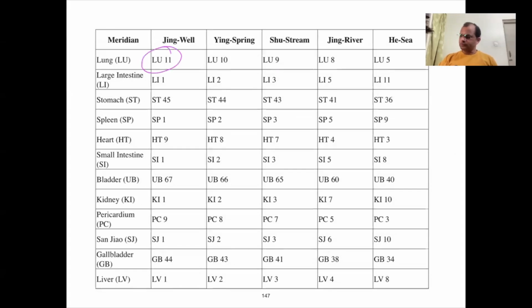so this is the first number point, bale point. The second number point is spring point. The third number point is stream point. The fourth number point, river point, and the fifth number point is sea point, lung 8 and lung 5. These 2 points have very vast energy, a tremendous amount of energy. इन दोनों को जब हम स्टिमुलेट करते हैं तो उस मेरिडियन में बहुत बड़ी मात्रा में ऊर्जा के प्रवाह को हम छेड़ते हैं.